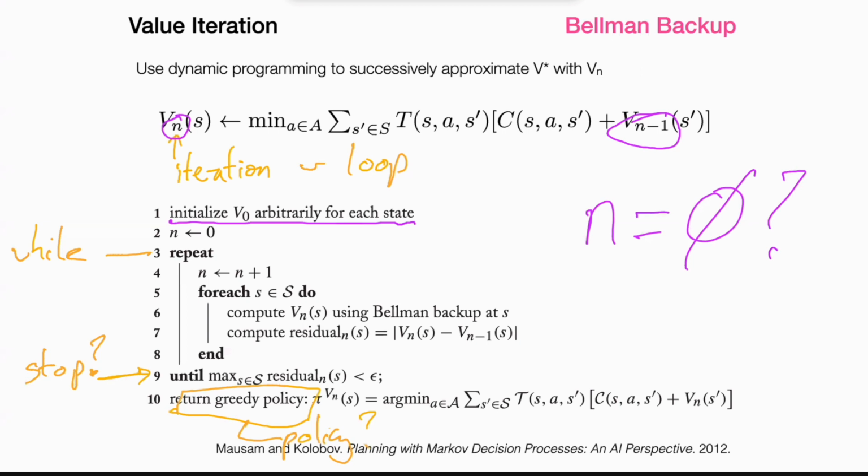For the stopping condition, we look at something called the residual. The residual is the difference between the value of every state between two iterations. So that's this bit.